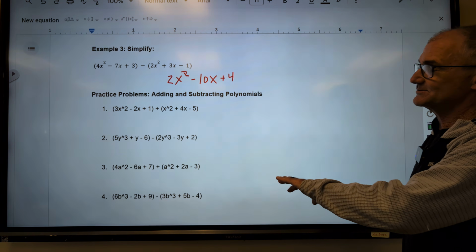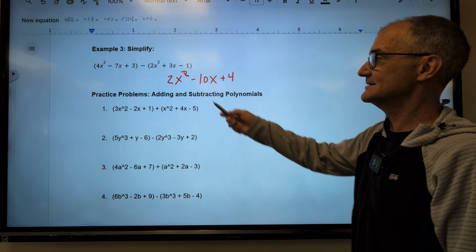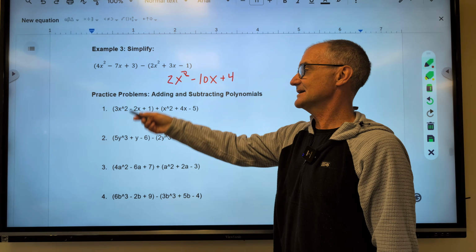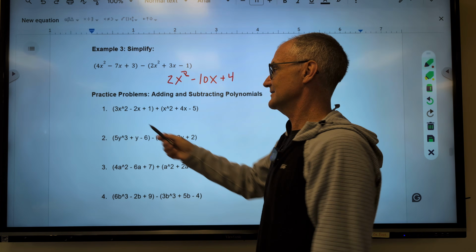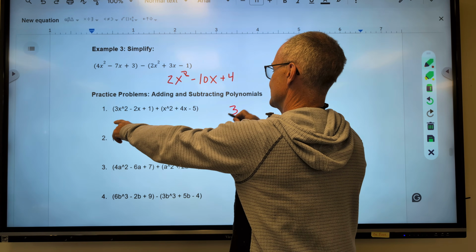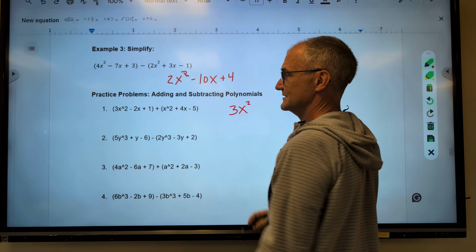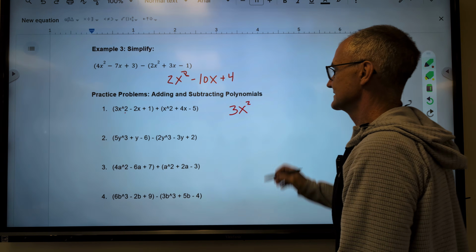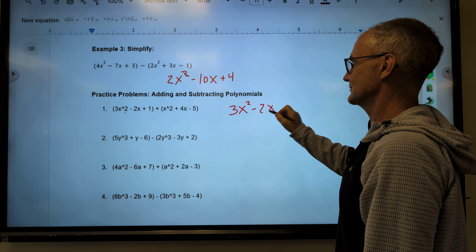Okay, down on these practice problems right here, the notation on the computer font's a little bit different. This is the equation editor, and this is just saying 3x to the power of 2. This to the power of only applies to that x. Minus 2x plus 1.